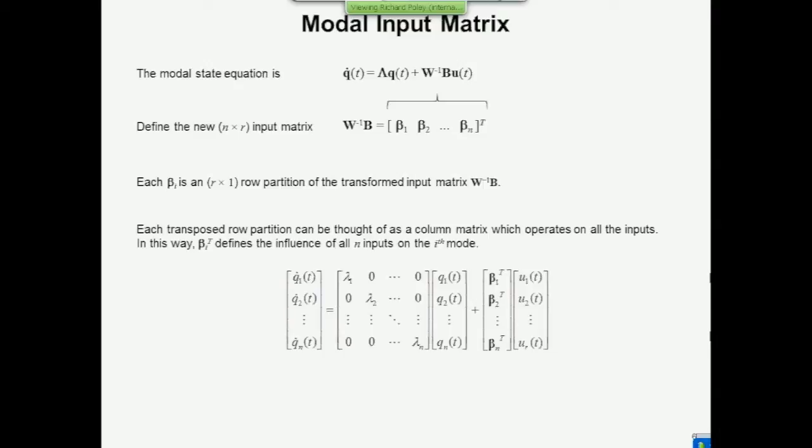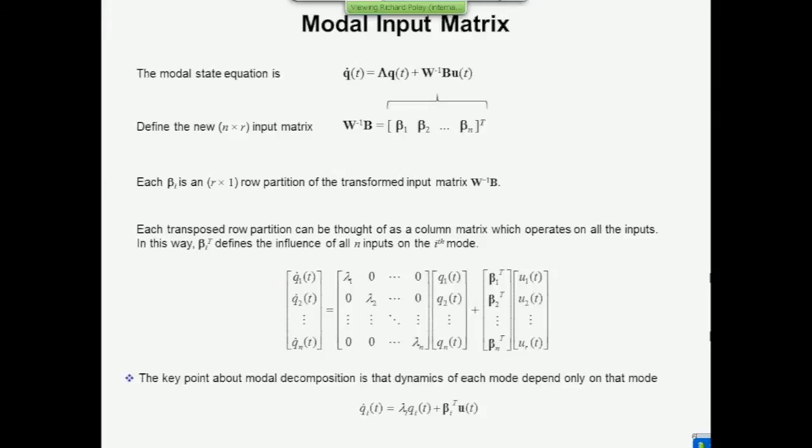So if you like, it's the beta i's which capture the coupling of all the inputs onto a specific mode, and then the lambda i captures the dynamics from q i to q i dot. So you see what I mean about complete decoupling now, if you can write the state equation in this form. That's the modal input matrix, and that's how it looks for each individual mode. That's the equation that you've got.